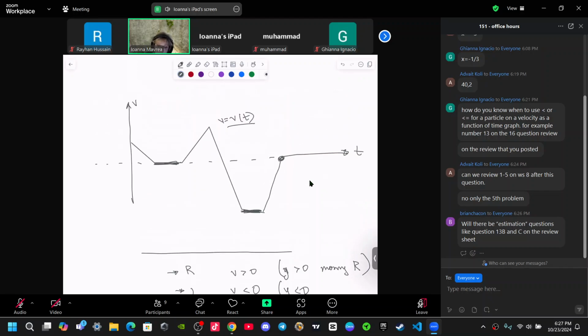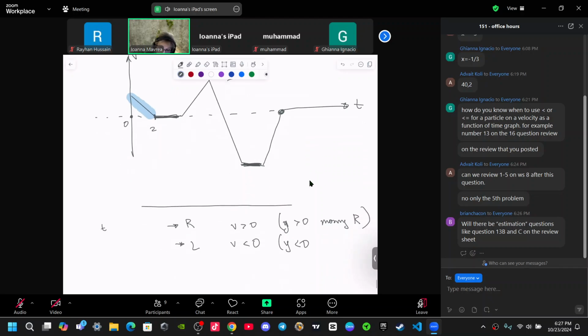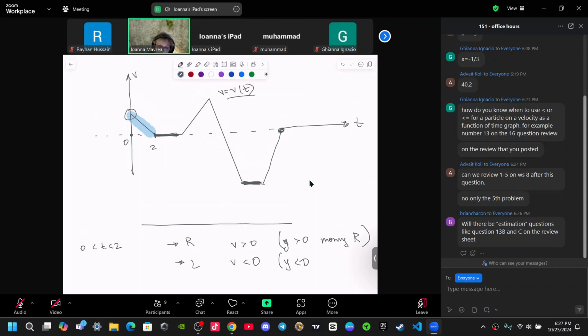Okay, so when are you moving to the right? You're moving to the right where the velocity is positive, so from 0 to this point. Again, strictly positive. So this is 0, and that's 2. So you're moving to the right when t goes from 0 to 2. These are strict inequalities, because the velocity has to be non-zero. But you could use the endpoints if you want to, you don't have to.